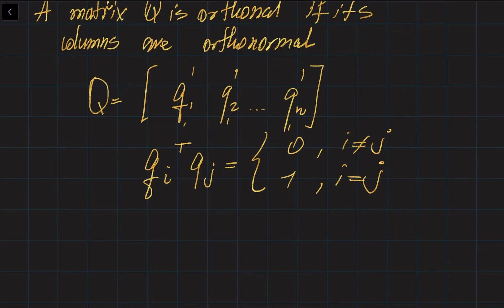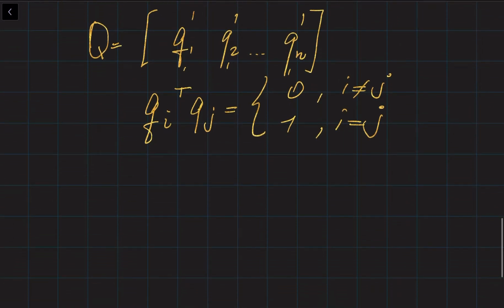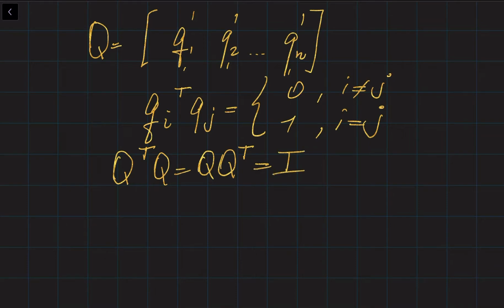And if you multiply a column of the orthogonal matrix by another column, you're going to get 0. So this is what is called an orthogonal matrix. And for any orthogonal matrix, Q transpose Q, or Q Q transpose, is going to be equal to the identity. So the inverse of an orthogonal matrix is equal to the transpose of Q, of course if Q is a square matrix.